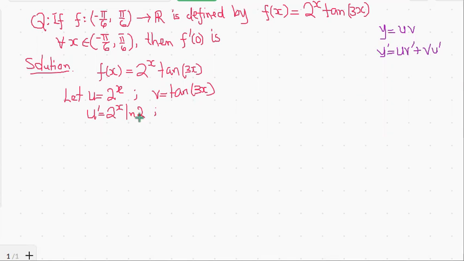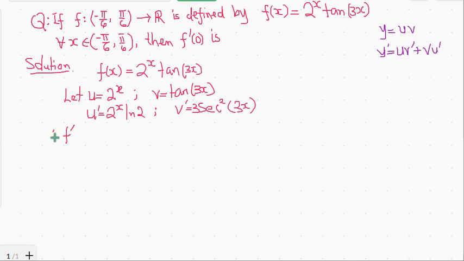If you don't understand how I did this differentiation, please try and watch my earlier videos on some rules of differentiation. And the v prime is equal to 3 sec squared 3x. Again, all of these are entailed in the basic or standard derivatives, which I've done some videos on earlier on. So now we've been able to differentiate u and v. We can go ahead and substitute in the formula.